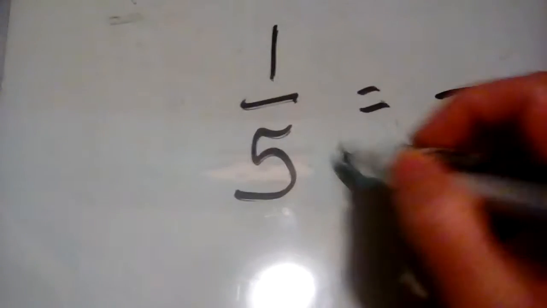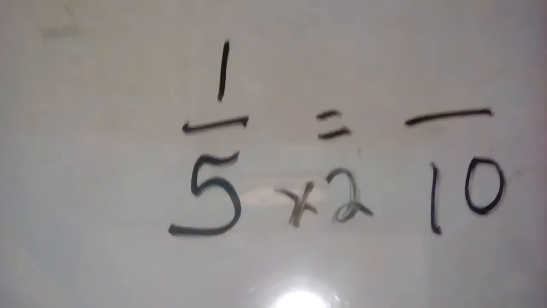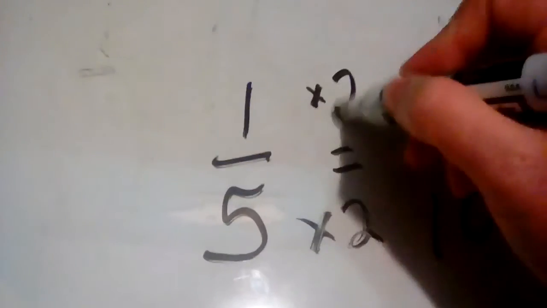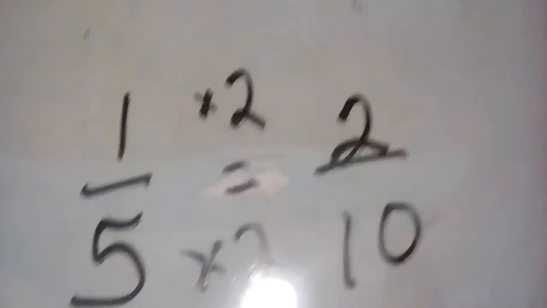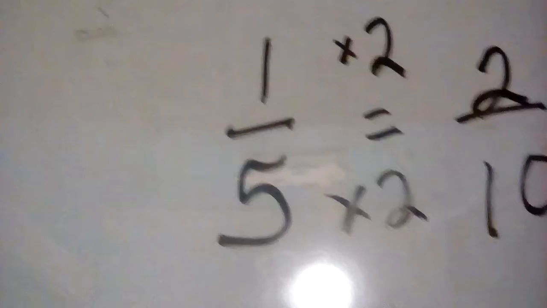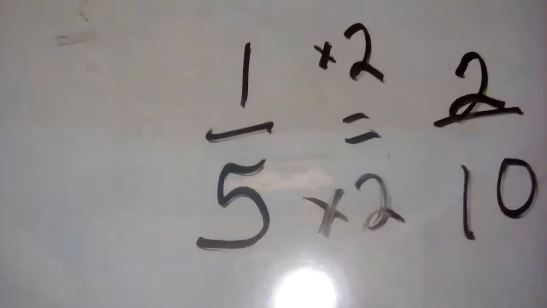Well, 5 times 2, right? And remember, the denominator is very jealous of the numerator, so whatever we do at the bottom, we have to do at the top. If we multiply that by 2, then we have 2/10. So 2/10 is the same thing as 1/5, but that's going to be a little bit easier to change into a decimal.